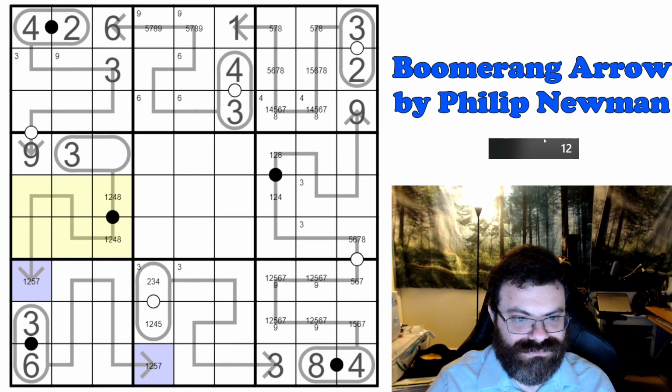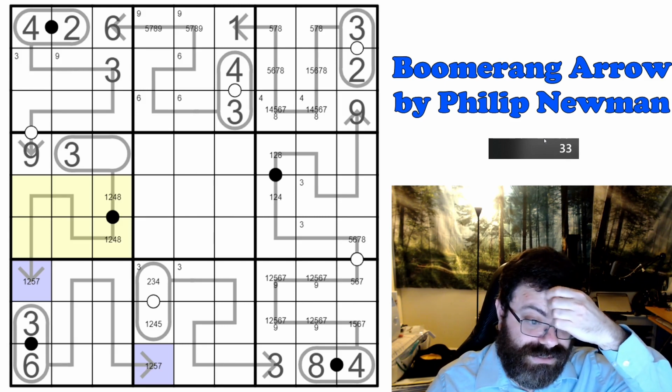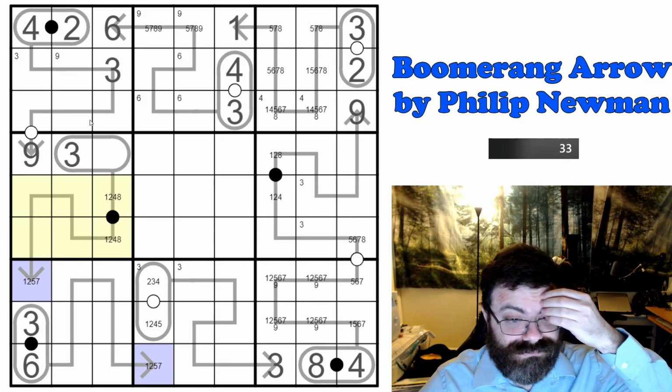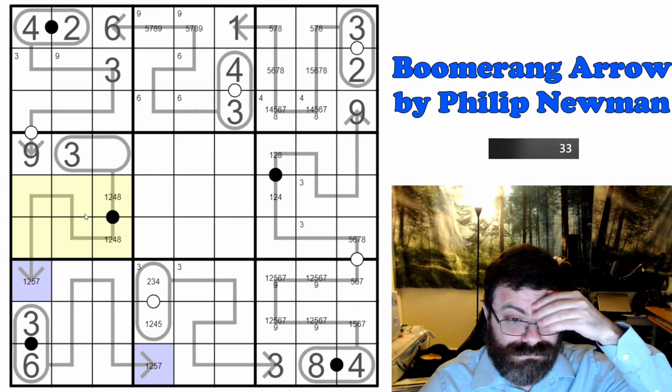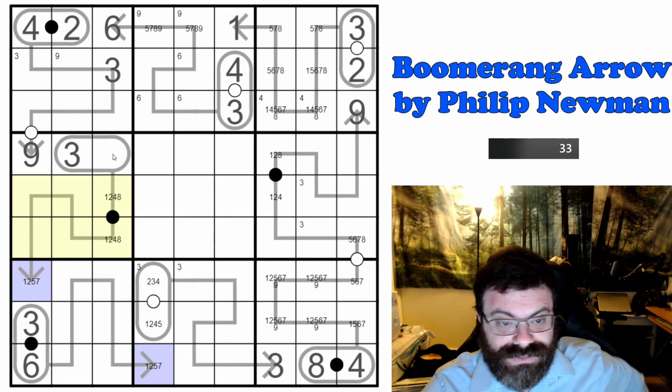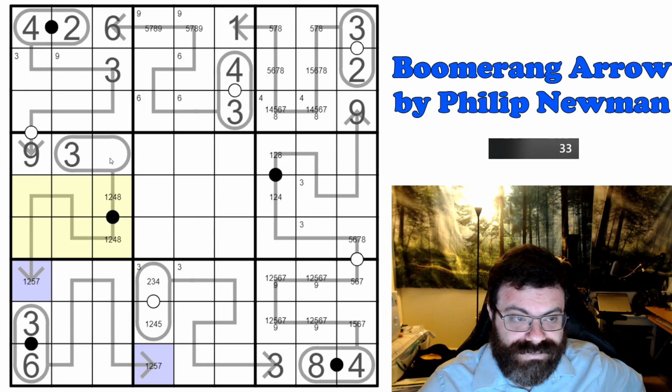45 minus 12 is 33. So how do I want to think about this? I can't add to 31 because that would mean this adds to 32.